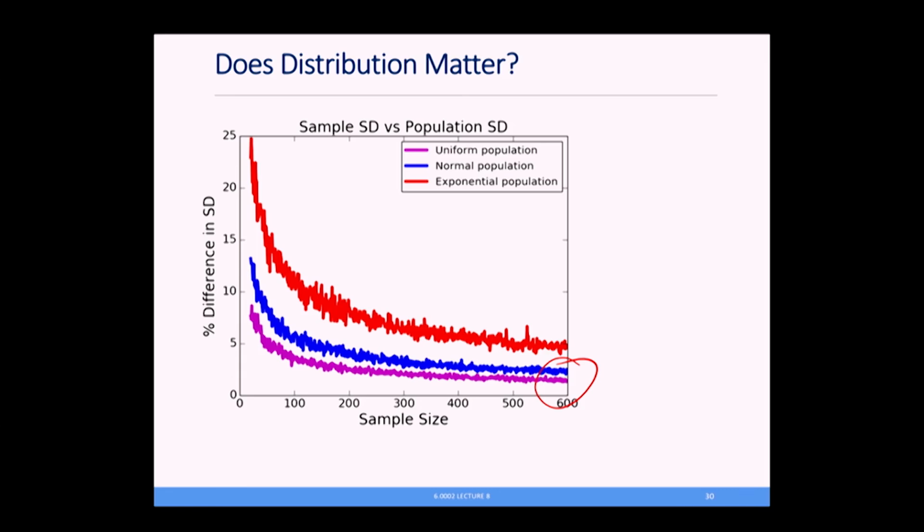But the exponential one is really quite different. Its worst case is up here at 25. The normal is about 14, so that's not too surprising since our temperatures were kind of normally distributed when we looked at it. And the uniform is initially a much better approximation.